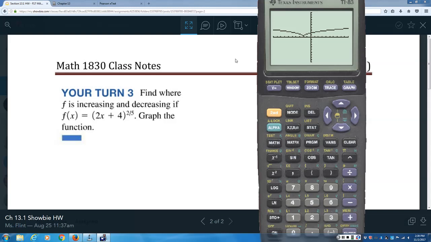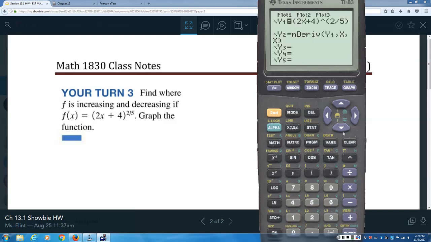You don't have to give me a number yet. From, it looks like about -2. So from negative infinity up to -2, it appears to be decreasing. And then from about -2 up to positive infinity, it is increasing.